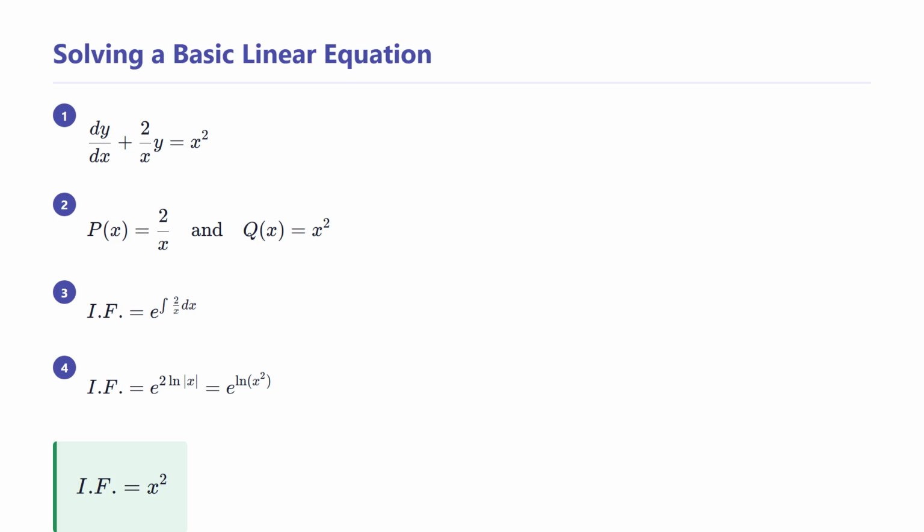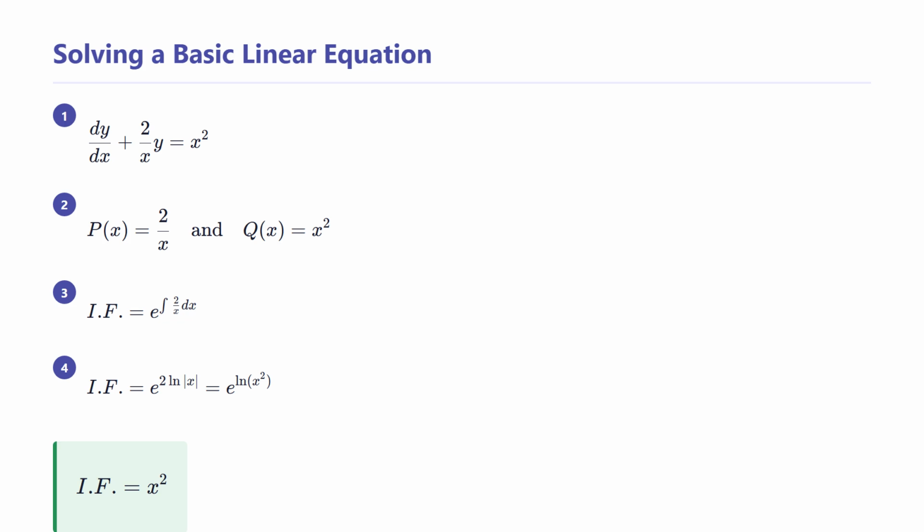Let us put this method into practice with a straightforward mathematical example. We are given a differential equation and asked to find the general solution for y. We cannot solve this by simply moving all the x terms to one side, so we must use an integrating factor. First, we verify the equation is in standard form. The coefficient of the derivative is already 1, so we are good to go.